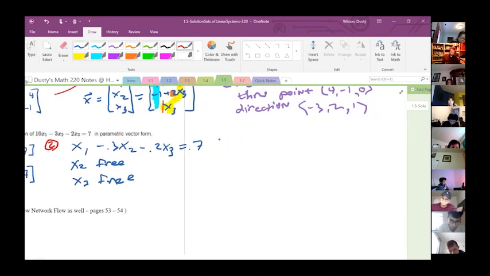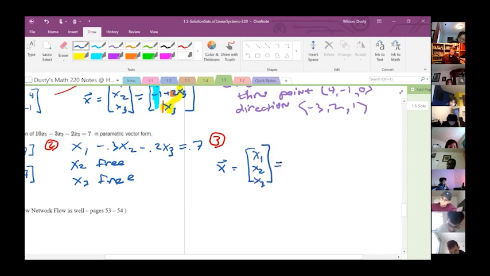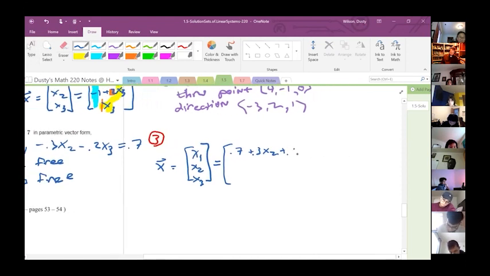Then step 3 would be to write this as a vector x. You can think about your x as being x1, x2, x3, and it's equal to 0.7 plus 0.3 x2 plus 0.2 x3.